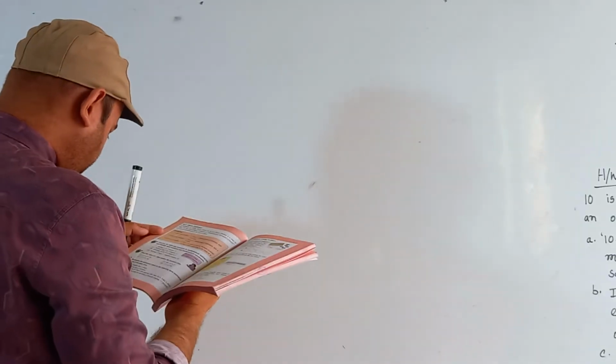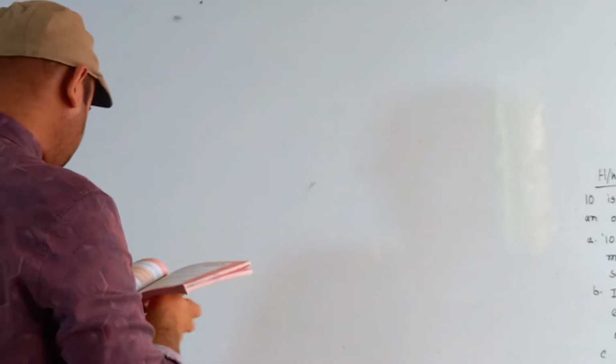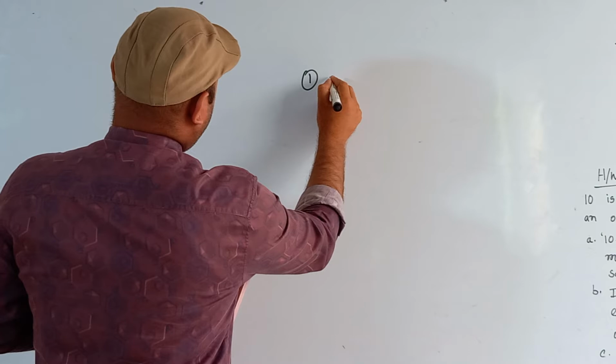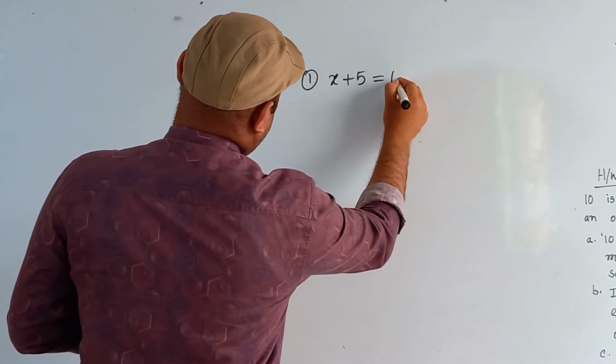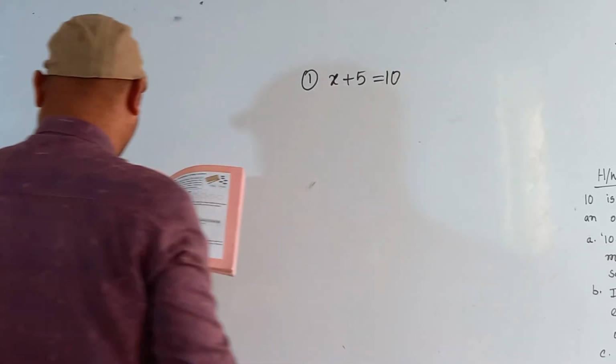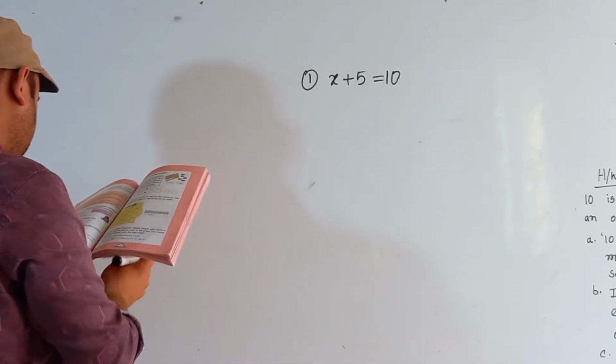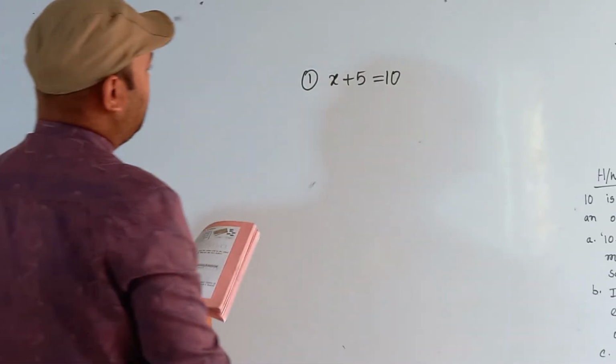Now look at question number 2 of page 22. Here question number 1 is x plus 5 is equal to 10. And here is the question, find the value of x that makes the sentence true.